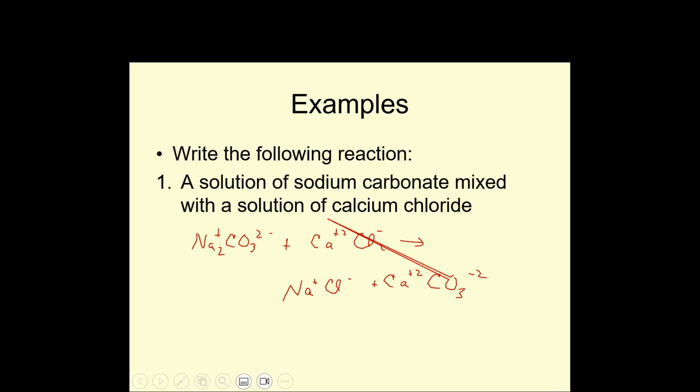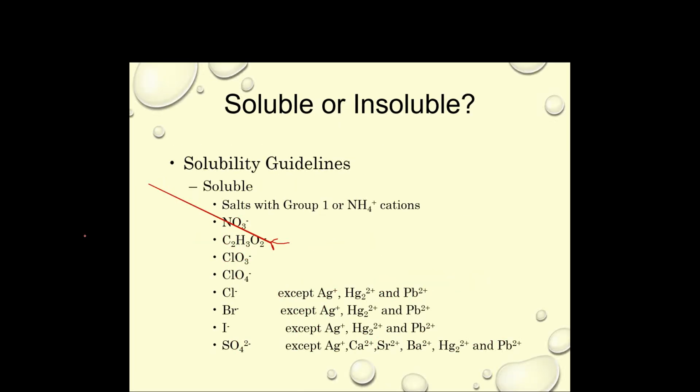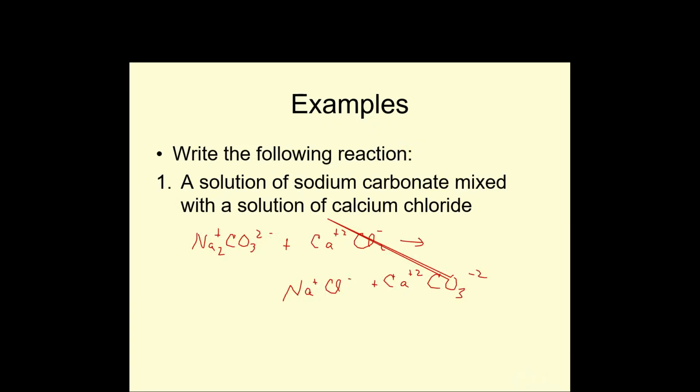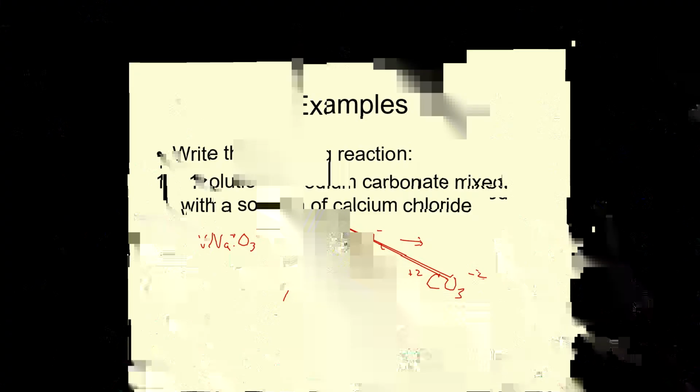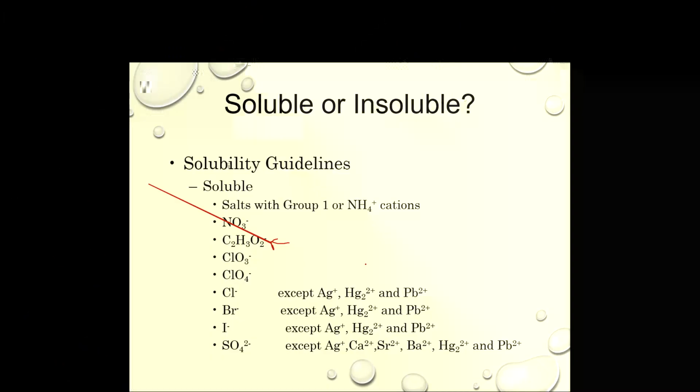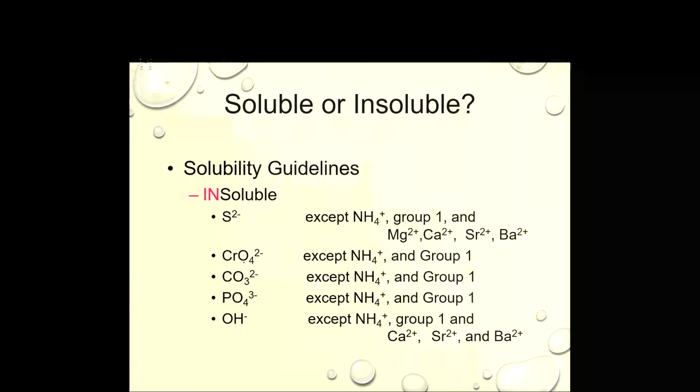So I remember that group 1 is always soluble, and sodium is in group 1, so I know that the sodium chloride is going to be soluble. What about calcium carbonate? Let's see. I remember there was a carbonate rule. Is it here? No, it wasn't that one. Well, there it is.